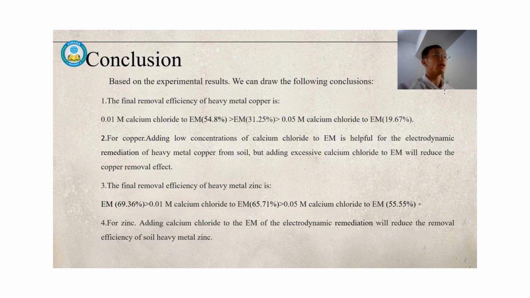For conclusion 3, the final removal efficiency of heavy metal zinc is EM better than 0.01 mole calcium chloride added to EM, better than 0.05 mole calcium chloride added to EM.